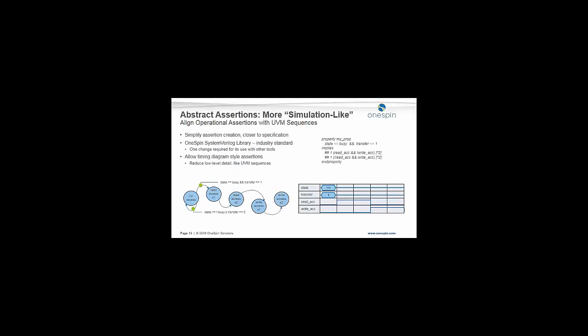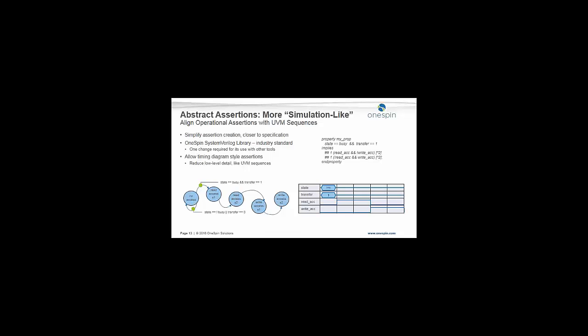Another interesting point is how can you make formal more palatable to simulation users? One other thing you could do is to use more operational assertions. That's a particular style of writing an assertion that is much more understandable to simulation people and designers. It's not a new language or something.